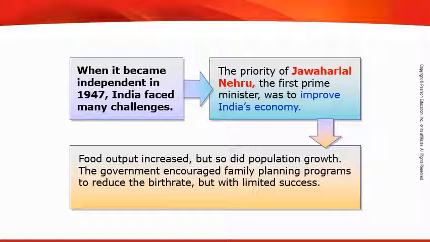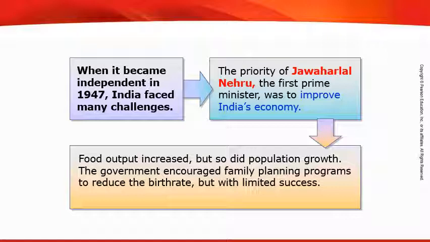Some of the challenges that came to India soon after independence were controlling the population. For example, when Jawaharlal Nehru became prime minister in 1947, his foremost priority was to improve India's economy. To improve the economy and manage the growing population, they needed to increase the output of food.